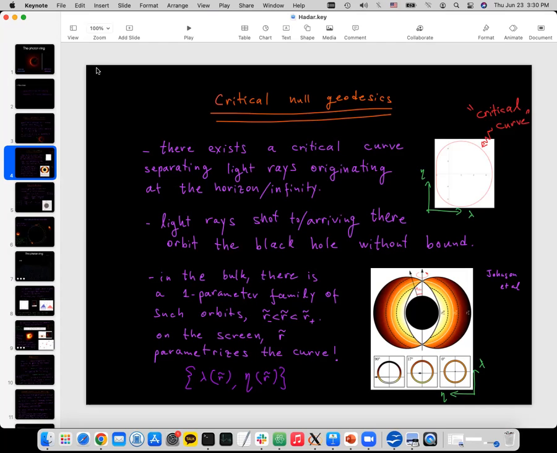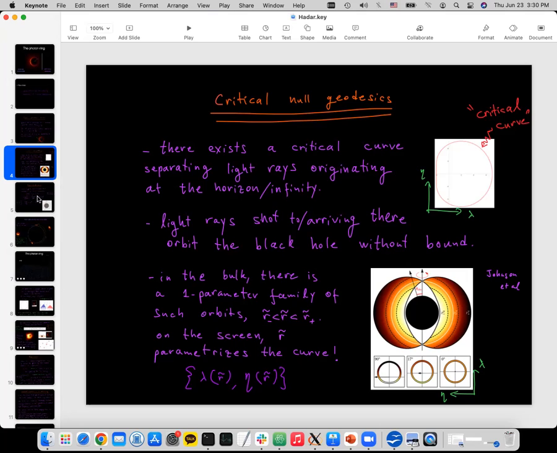This equation down here is a parameterization of the etas and lambdas. It's like a line, this closed curve on the screen, the critical curve, parameterized by R tilde. If you can see this, I don't know.